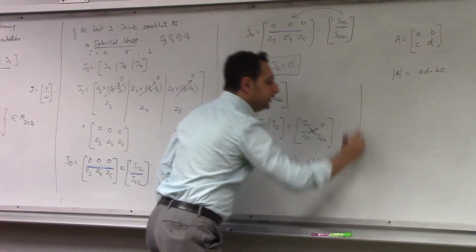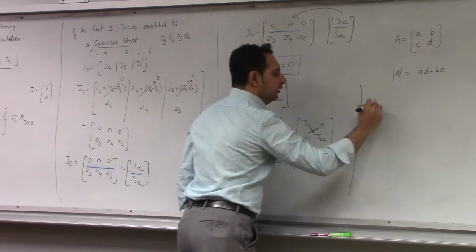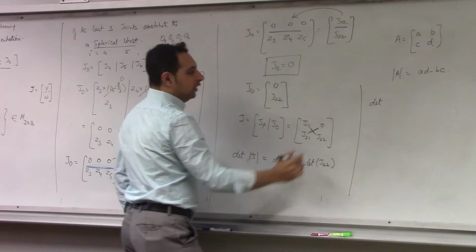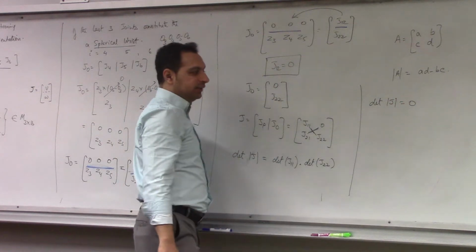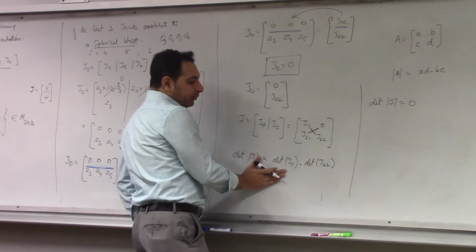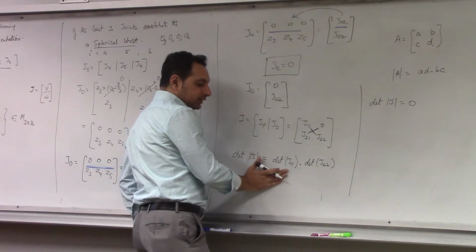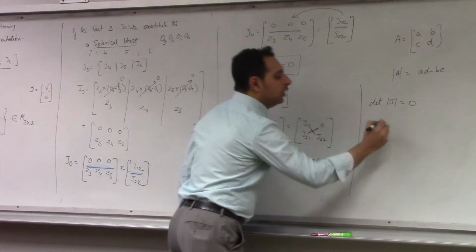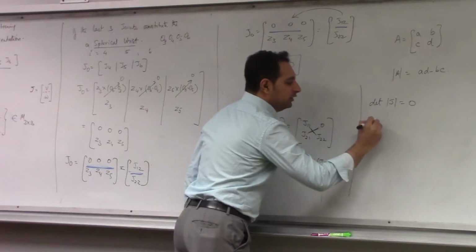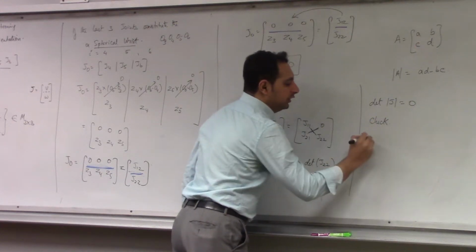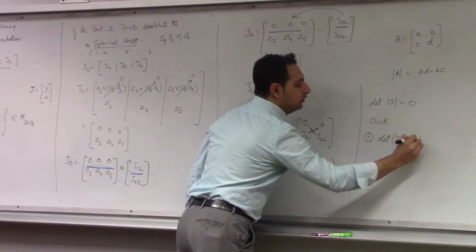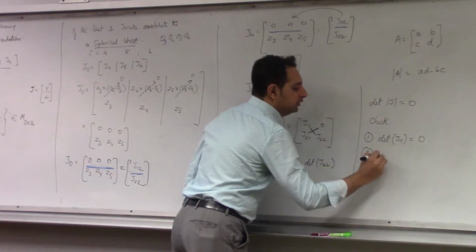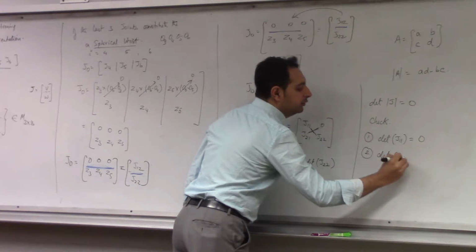So we can find singular postures by doing this. When the product is equal to 0, so if the determinant of J is equal to 0, we want to check singularities. That means either this can be 0 or this can be 0, because it's a product. So to check for singularities, check these two conditions. First condition, determinant of J11 equal to 0. Second condition, check when determinant of J22 is equal to 0.